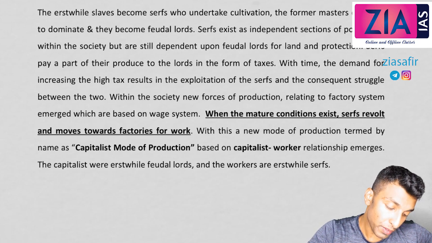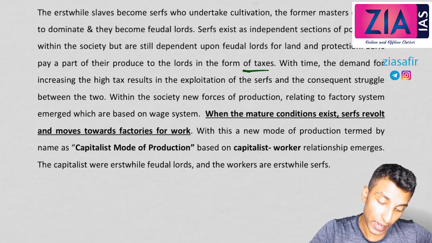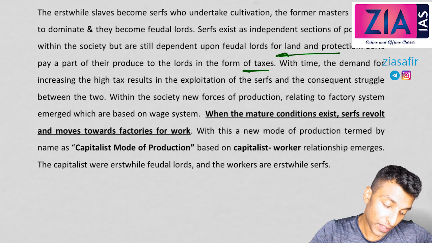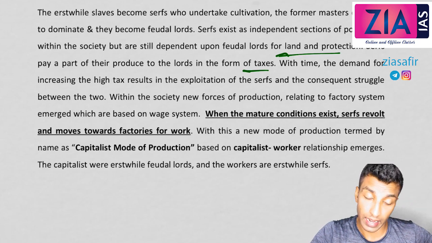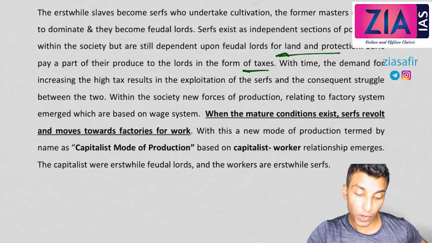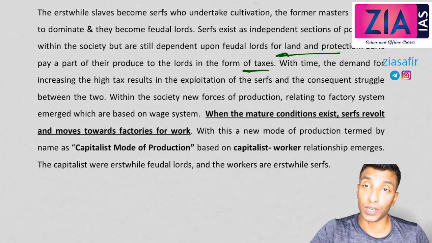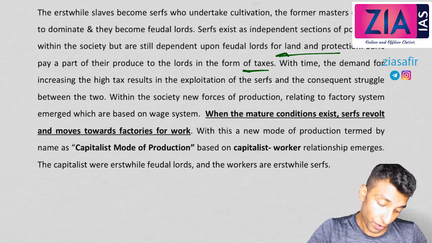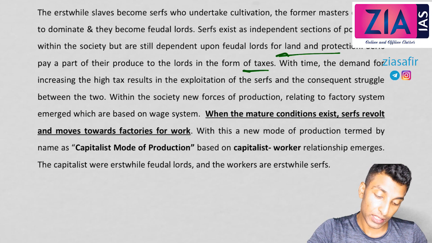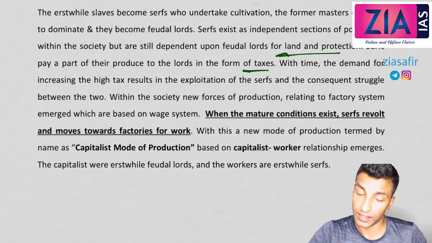Serfs pay a part of the produce to the lords in the form of taxes. With time, the demand for increasingly higher tax results in the exploitation of the serfs and the consequent struggle between the two. Within the society, new forces of production relating to the factory system emerged, which are based on the wage system.